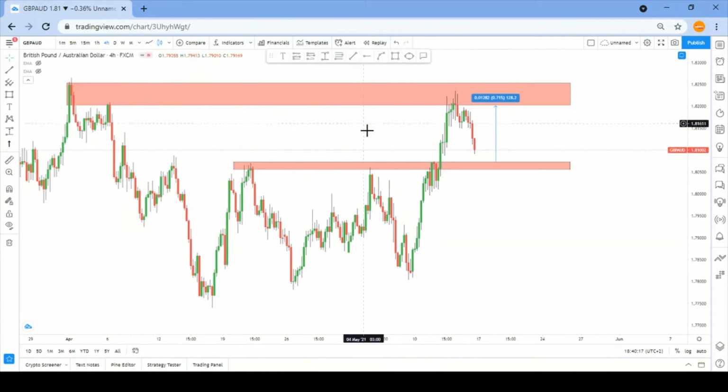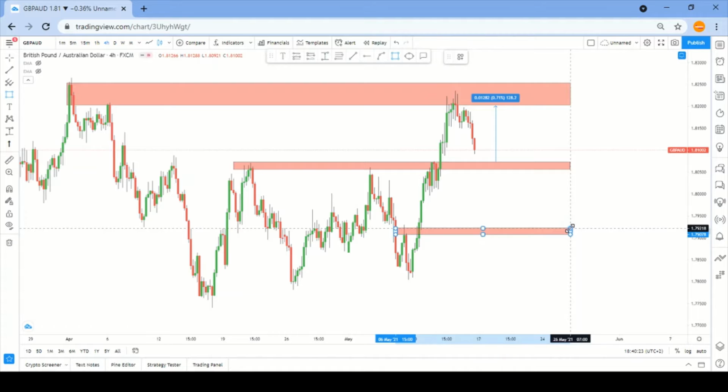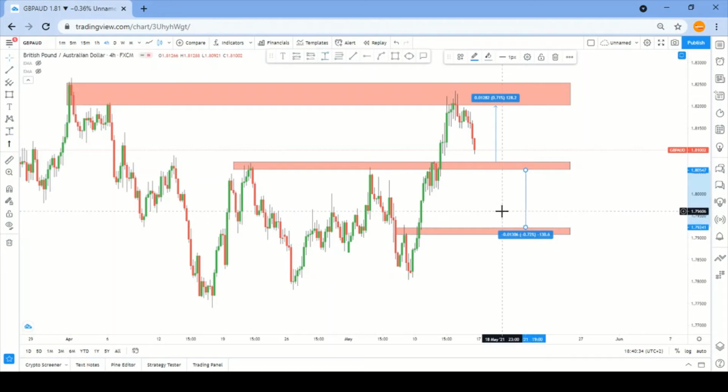Or what you could tell yourself is, I'm going to draw in another value area below. I see this was resistance, and now it turns support, and it didn't test this area if you look to the left. So if price breaks below this area, that could be our target. So that is the trade.